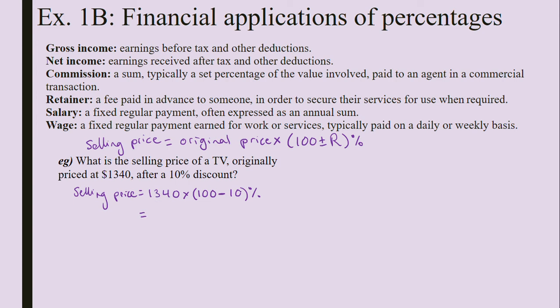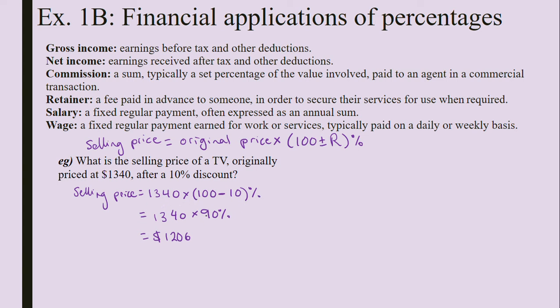You could type that in your calculator directly, or you could multiply that by 90%. What that means is that you're going to spend 90% of the original price, and we get $1,206 as our answer. Entering either of these in your calculator, just be careful that you put the brackets in and the percentage symbol outside. It should be formatted exactly like this in your calculator.